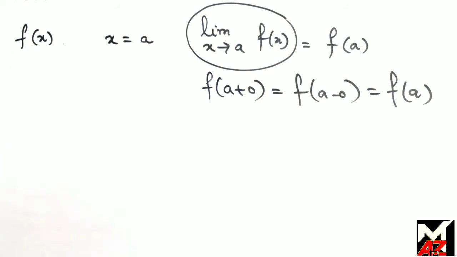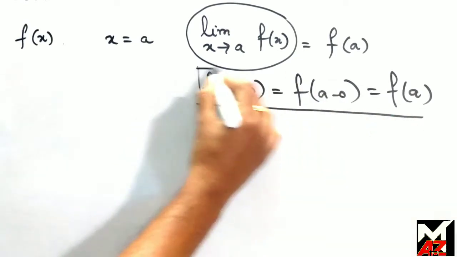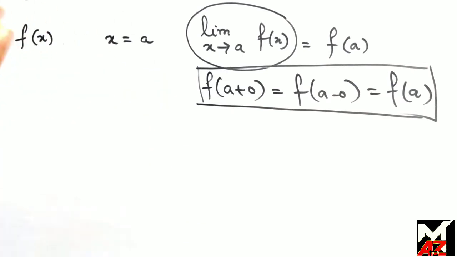By the definition of discontinuity, if at least one of these three conditions does not hold, then the function is said to be discontinuous at x equal to a.